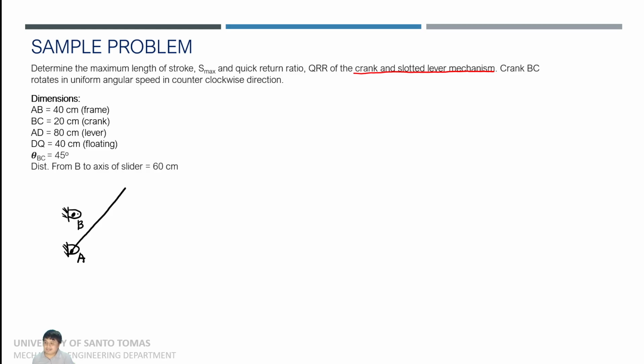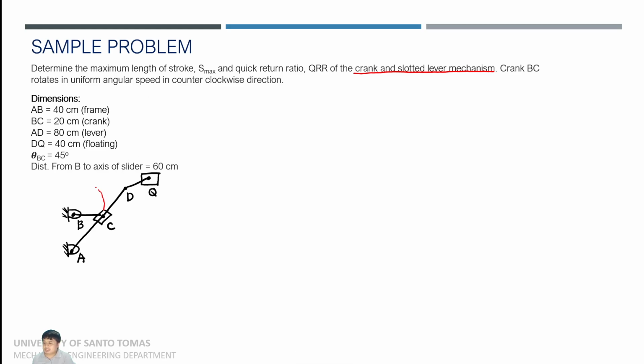For A you have a long link, and then you have the slider here for this link C, and then this point D here has another link here for point E. Sorry, actually I think Q is this one. So we want to find the maximum length of stroke.